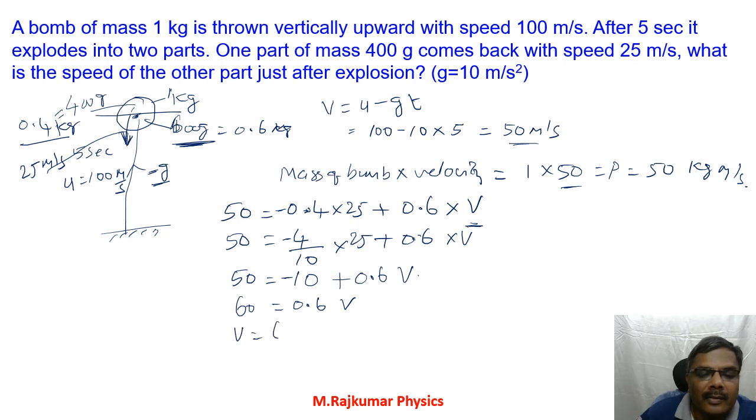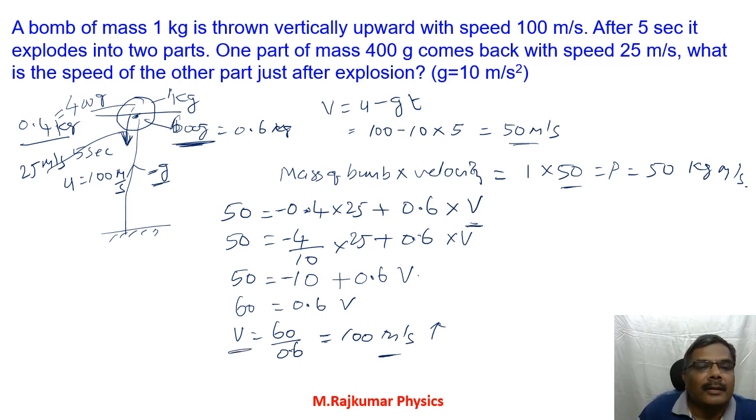So v will be equal to 60 by 0.6, that will become 100 meters per second, and it will be upwards. The velocity of the 600 gram mass from this bomb will be 100 meters per second.